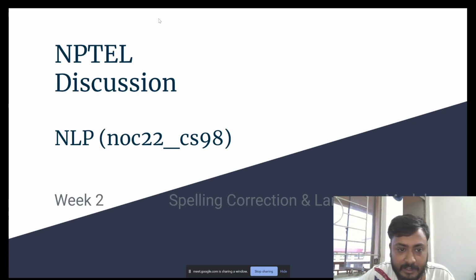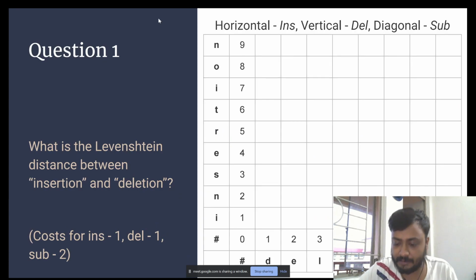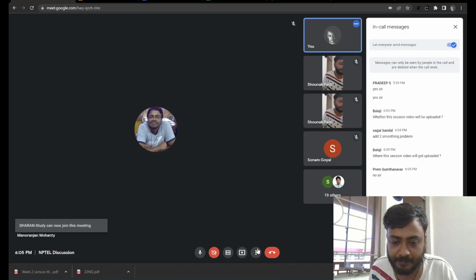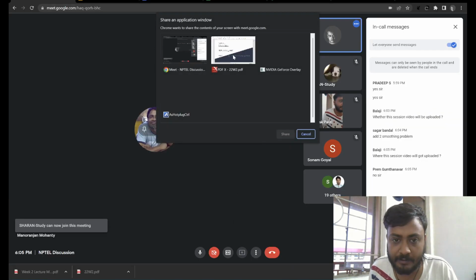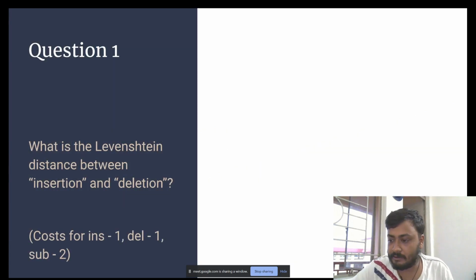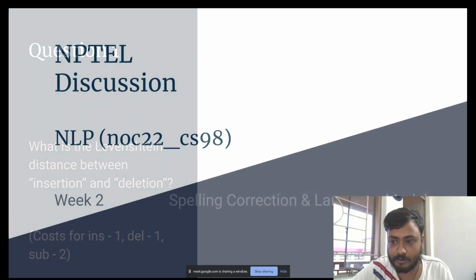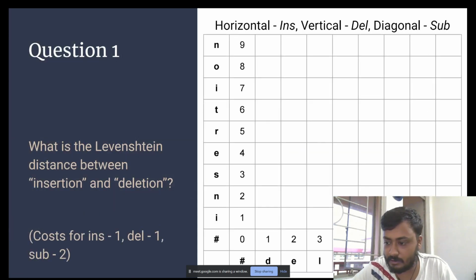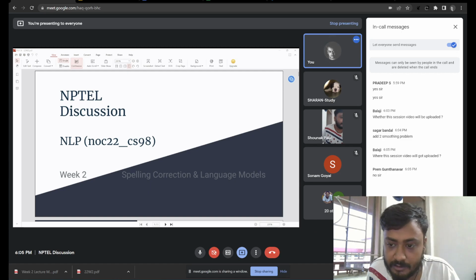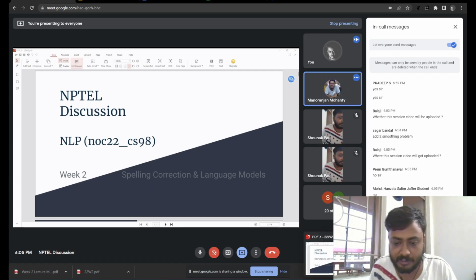The screen is not changing, right? Just let me share this once again. Is the screen changing now? Can you see it? If somebody could respond. It is stuck on the same page. No?